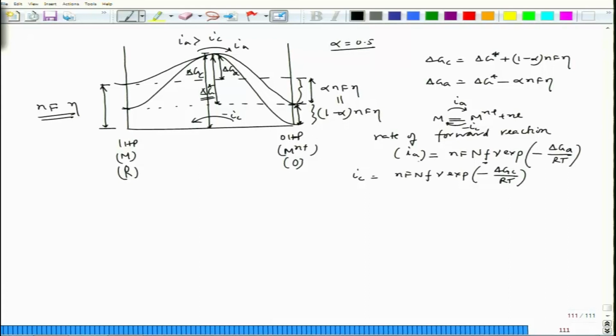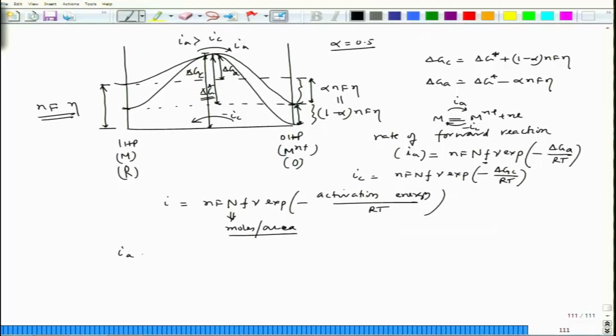This general equation for I is nothing but n F N, which is the surface density of moles, into F, which is the fraction of atoms or ions that are going from one plane to the other plane, and nu, the vibrational frequency, exponential of minus activation energy divided by R T, since this is considered in terms of moles per unit area.